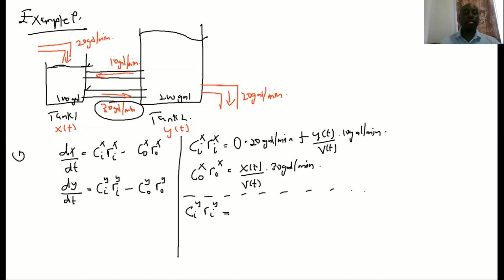There's brine coming from tank 1 to tank 2 at a rate of 30 gallons per minute with a concentration of the amount of salt in tank 1 divided by the volume of brine in tank 1. And that is the only source of brine coming into tank 2.